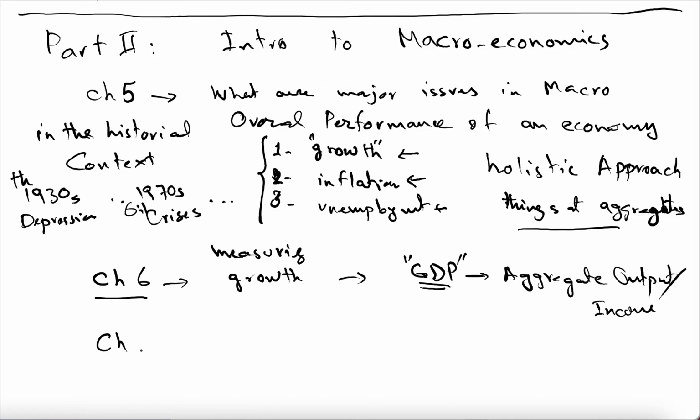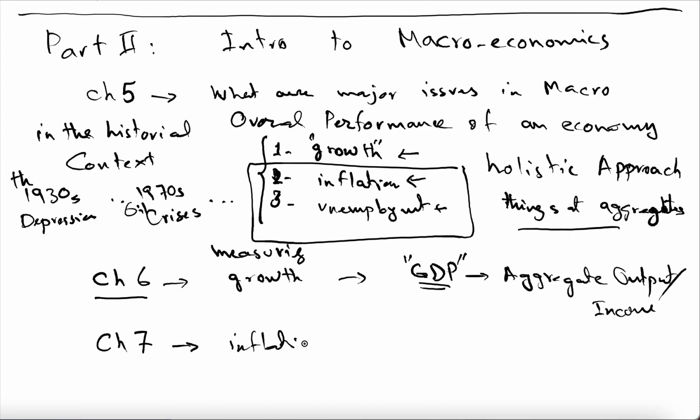And then in chapter 7 we will have a little bit of discussion on the other 2 concerns, inflation and the unemployment rate. So we want to give it a measure, right?